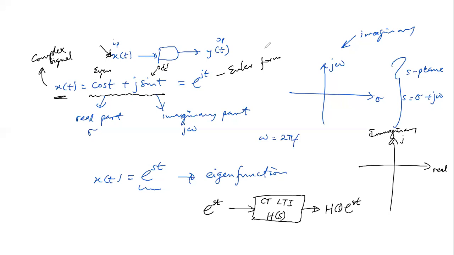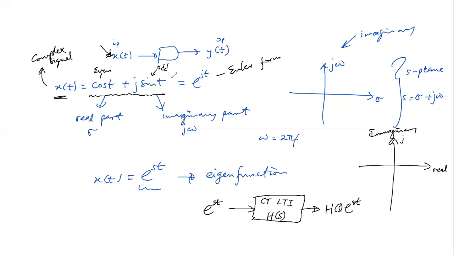Now, if this signal s of t is a combination of the even and odd component, then it means that we can plot this on a complex plane where we are able to separate the imaginary and the real component. Don't forget that cos t plus j sin t is the same as e to the jt. This is just the Euler form.